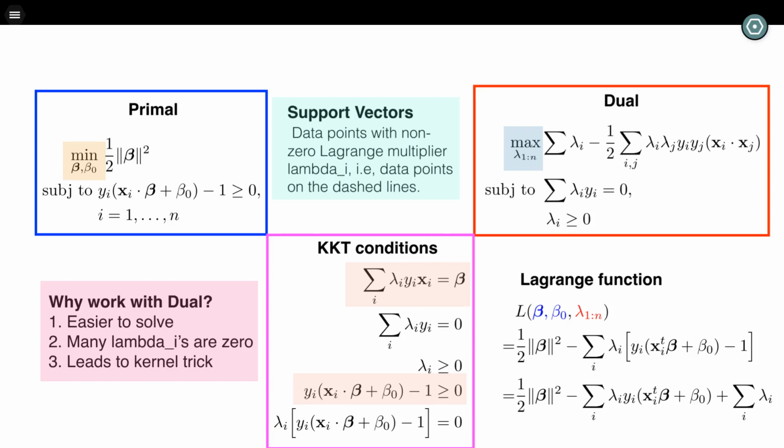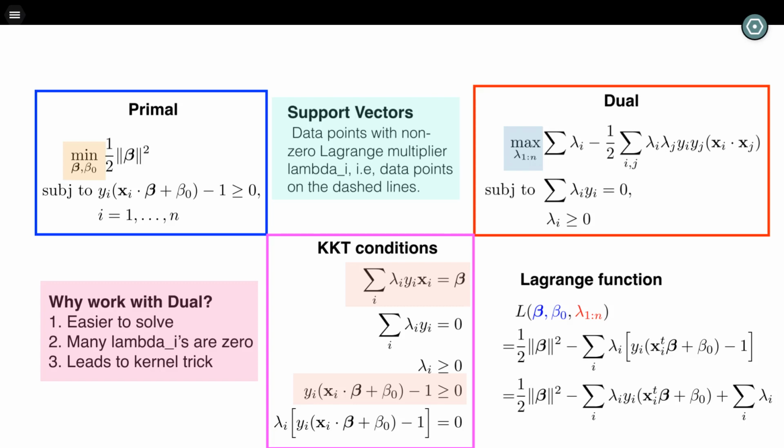But what we want to solve is actually the dual problem, because the primal is a constraint optimization, so we can define the corresponding Lagrangian function. The Lagrangian function involves two sets of parameters. The parameters in blue are from the original primal problem, the betas.